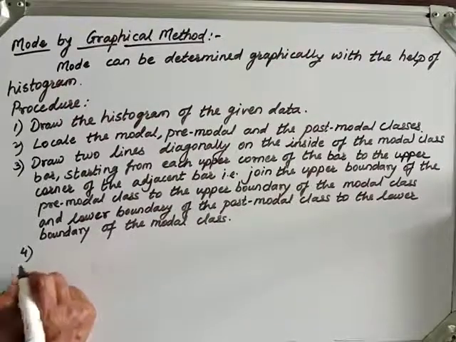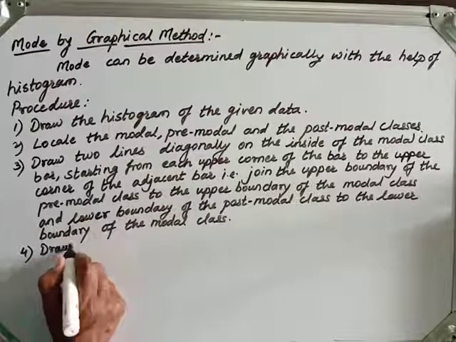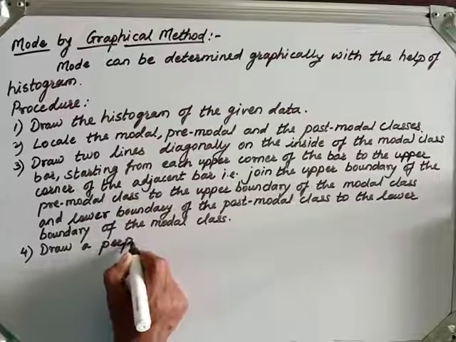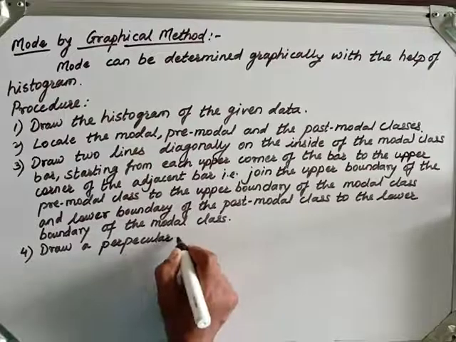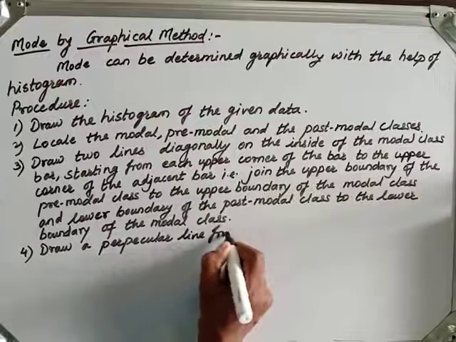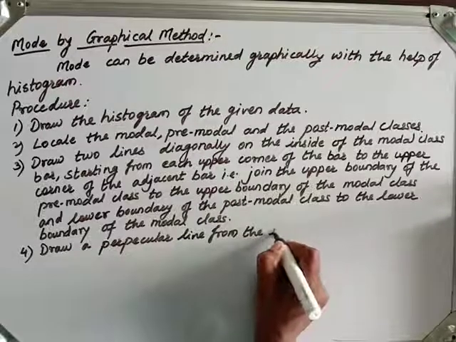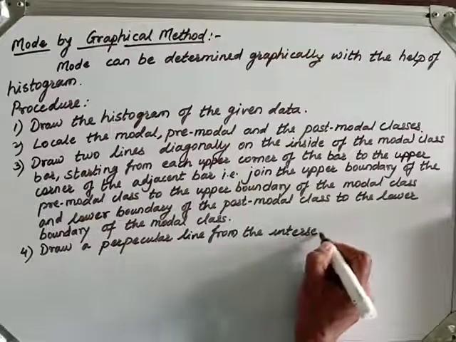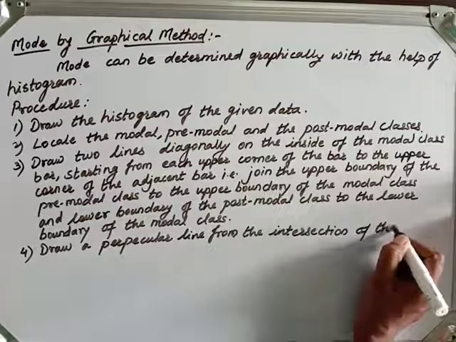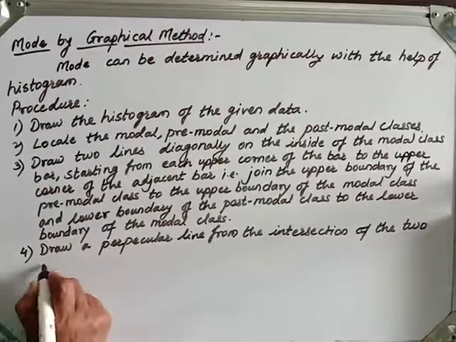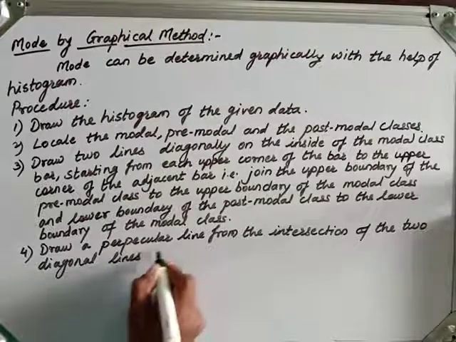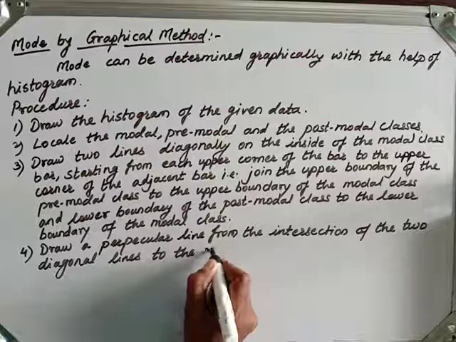Now the fourth step is to draw a perpendicular line from the intersection of the two diagonal lines to the x-axis.